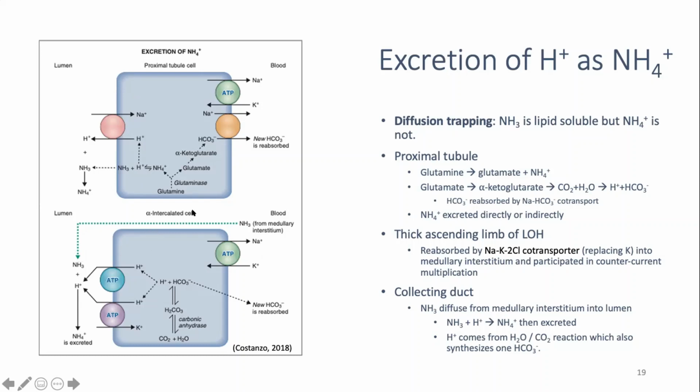When it reaches the collecting duct, where there are alpha intercalated cells, this ammonia can combine again with H+ to form ammonium to be excreted. So these are the ways the H+ can be excreted as ammonium.